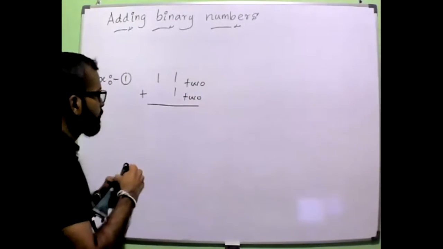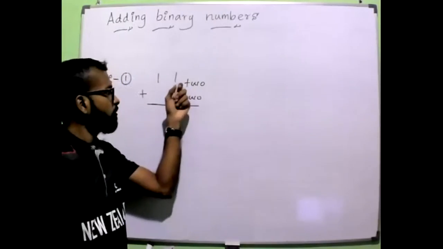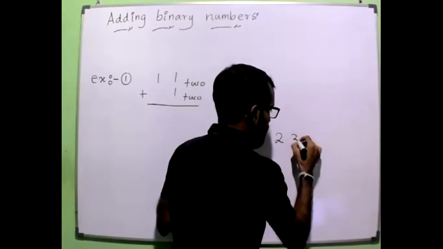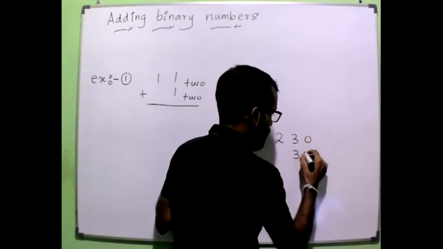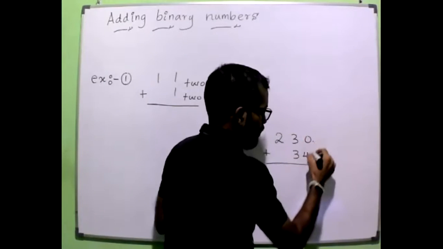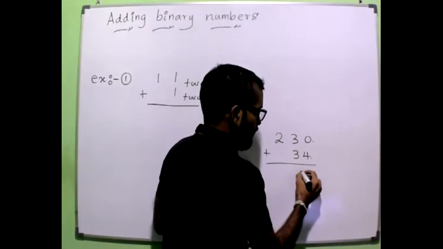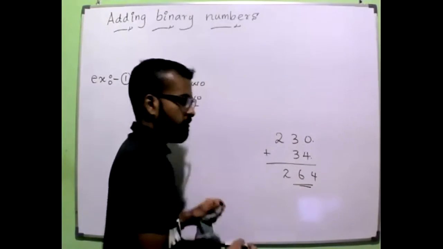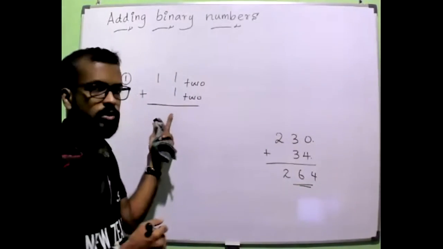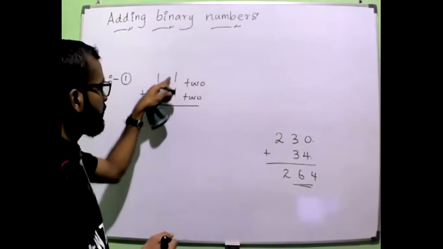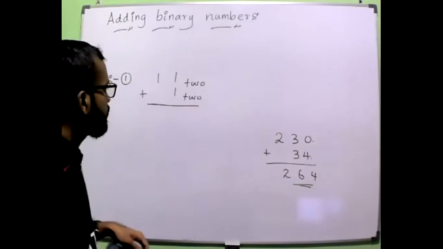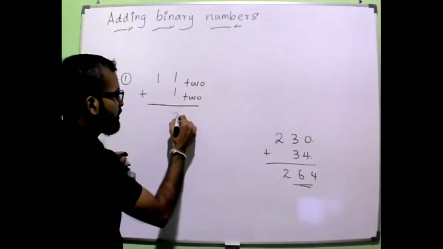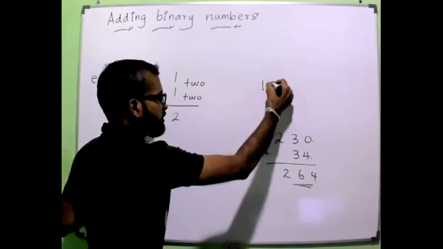Normally you add base 10 numbers like this: 0 plus 4, 4; 3 plus 3, 6; here 2. So this is the answer. The same mechanism applies here, but when you add these numbers, it will be different. 1 plus 1, is it 2 or 1 0?